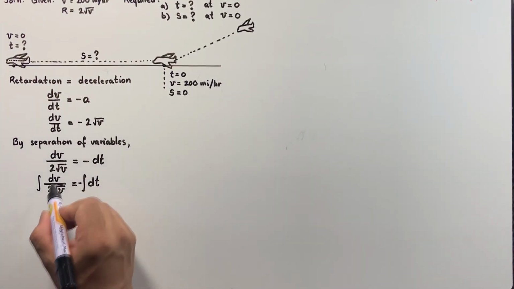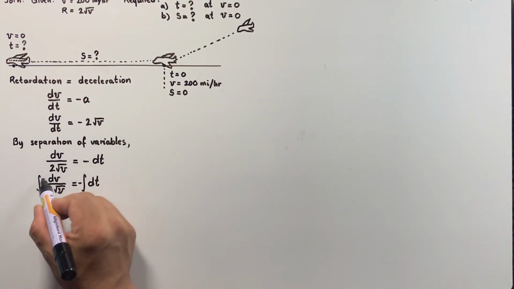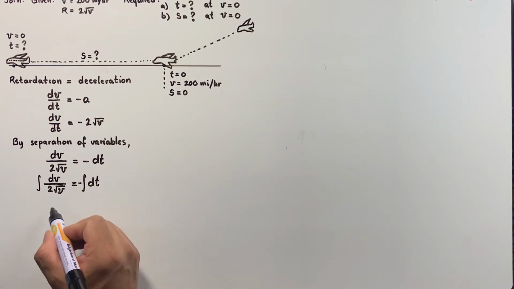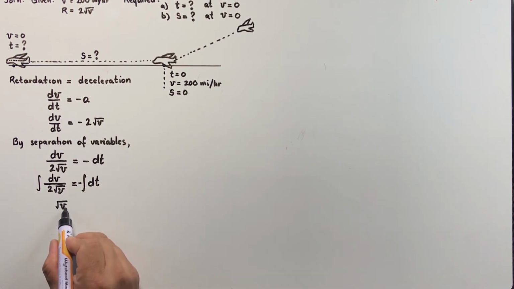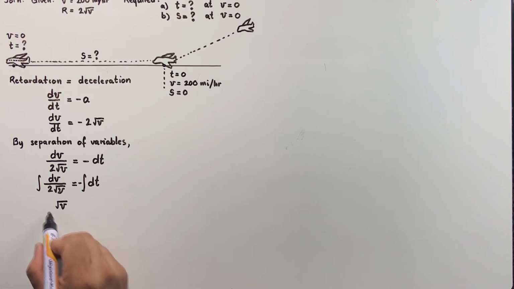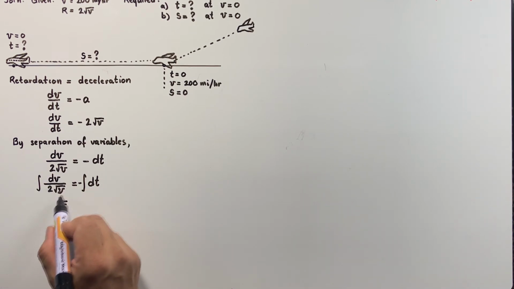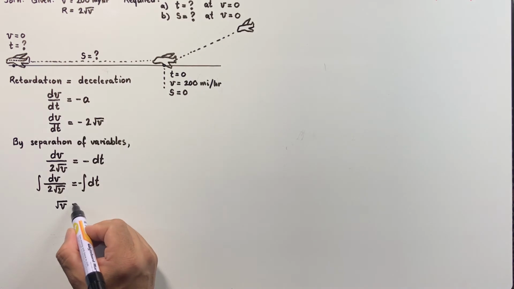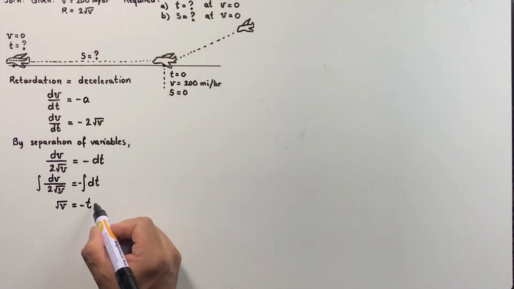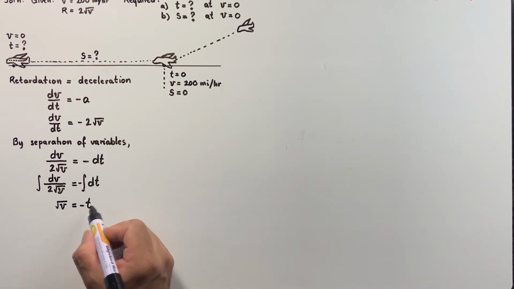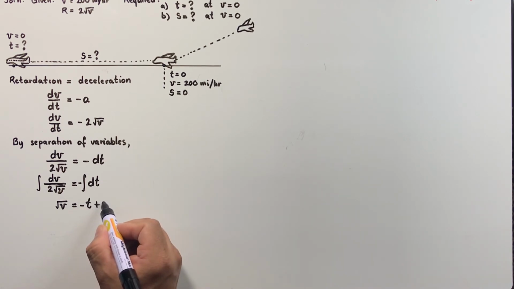And you notice that this integrand is the derivative of the square root of v. And surely you can check that if you take the derivative of this, the derivative of this is this one. So this is equal to the negative of t, which is the integral of dt, plus the constant of integration c.